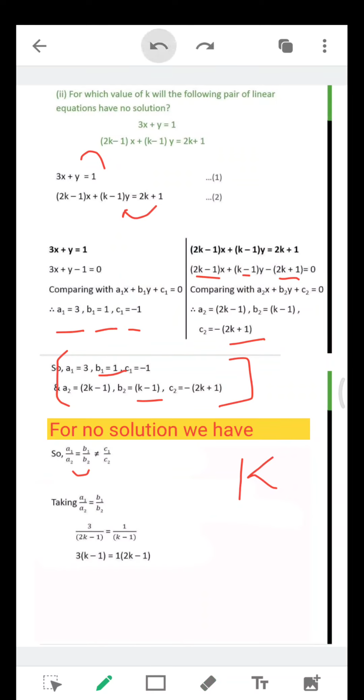Whenever you get an equation like this, you should cross multiply it. After cross multiplying, I'll open the bracket, 3k minus 3, 2k minus 1, and I'll transpose k's on one side. So 3k minus 2k, and 3 goes to the right, plus 3 minus 1, so k will be equal to 2. This is the way we have to find the value of k.